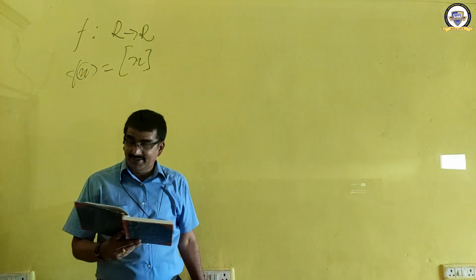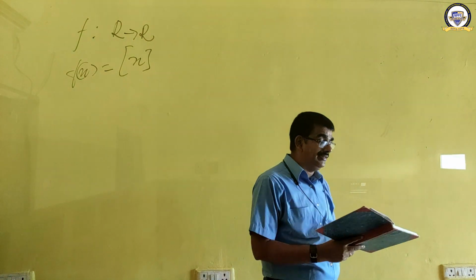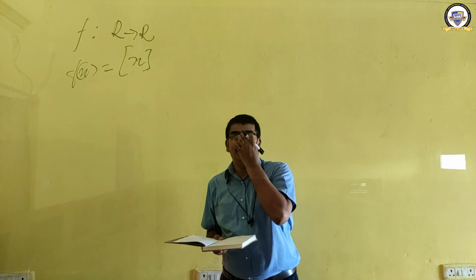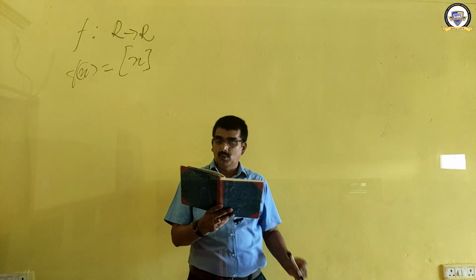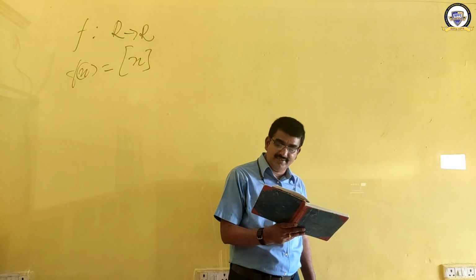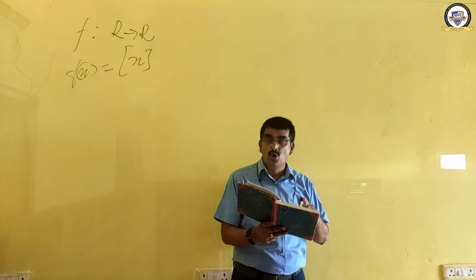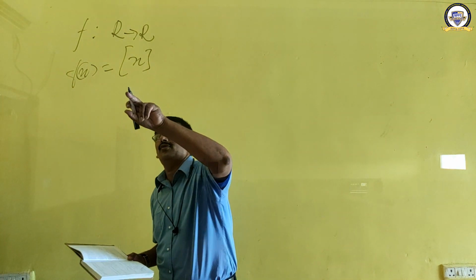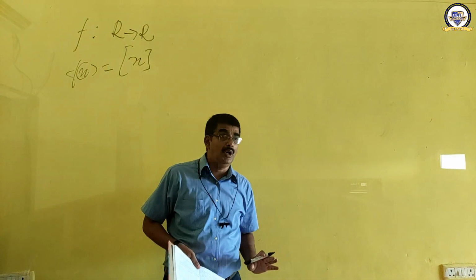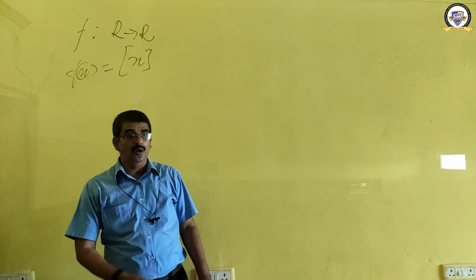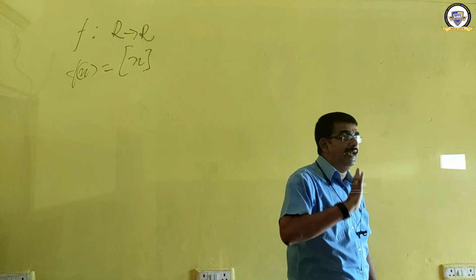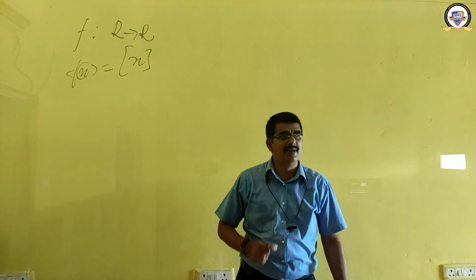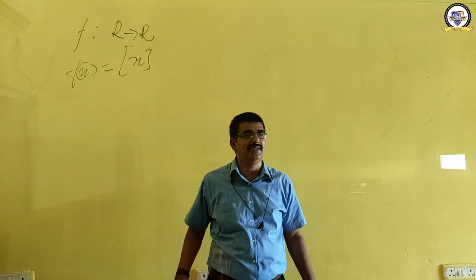What is the greatest integer function? That is also given there in your textbook. You have to prove that this greatest integer function is neither 1-1 nor onto. Clear? So, we are going to prove that it is neither 1-1 nor onto. That means it is not bijective.